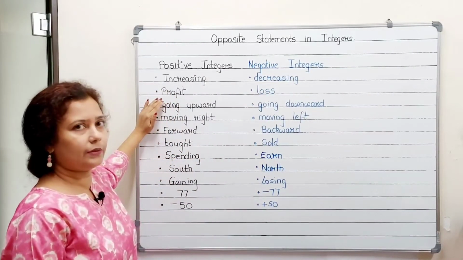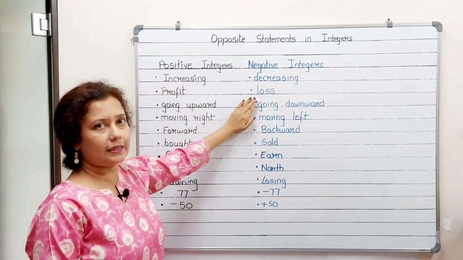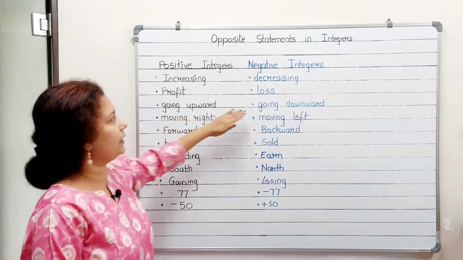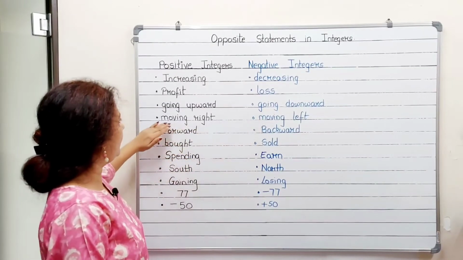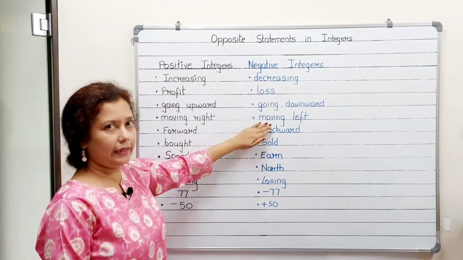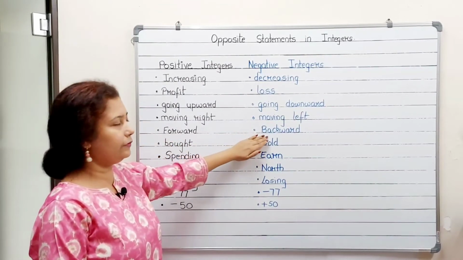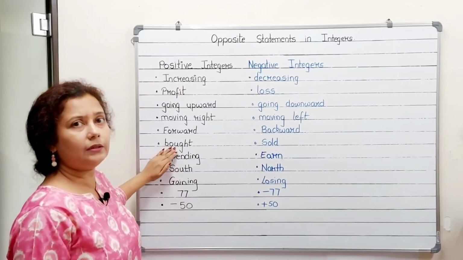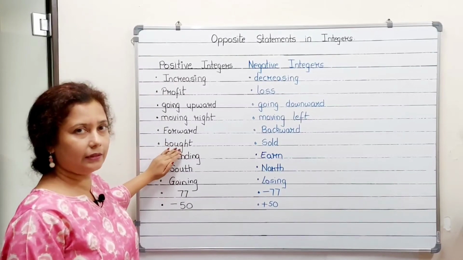Then profit. If profit is given, you will write loss as a negative integer. Going upward, the opposite or the negative will be going downward. Moving right, negative will be moving left. Positive is forward, then negative will be backward. He bought a car, so that will be a positive integer.